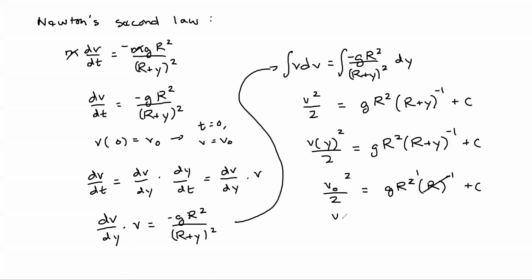We get v naught squared over 2 minus gr equals c. And then we can take that and plug that in place of the c, and let's do that on the next page.